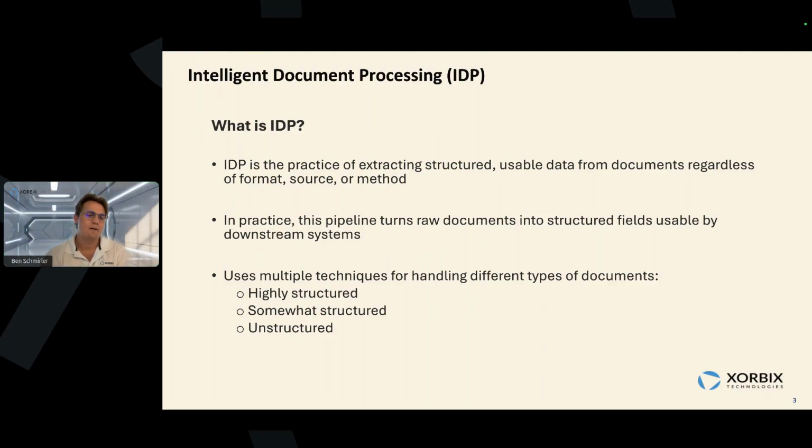Semi-structured data would be JSON, XML, like telemetry payloads. Unstructured data is your PDFs, your emails, and I would say primarily that's the category that gets referenced a lot with intelligent document processing, because that's the untapped potential. And IDP really solves that. How do we get value from unstructured data?